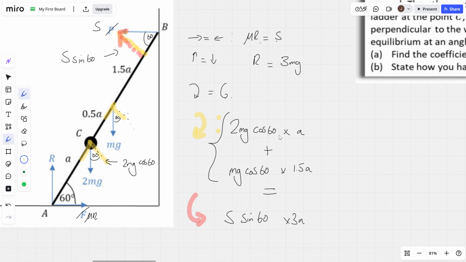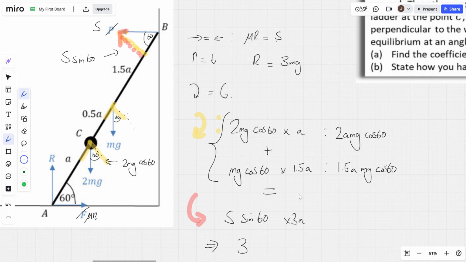And in fact, let's just tidy this up a bit. So I'm going to call that 2amg cos 60. And I'm going to call this, what's that? 1.5 at the moment. 1.5 amg cos 60. There's not too much tidying up with that. So let's just put everything together.